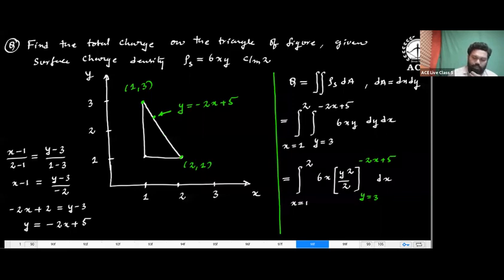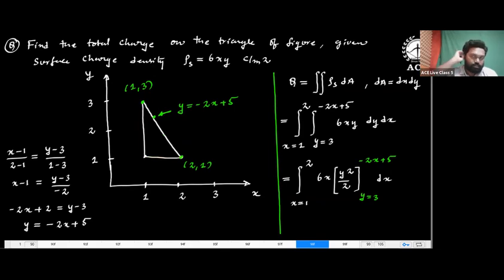Let me repeat one more time. Some of your friends are facing difficulty in choosing the limits. See here, I cannot simply take the limits x from 1 to 3 and y from 1 to 2. If I take it like that, it will make a rectangle. It is not a rectangle, it is a triangle.